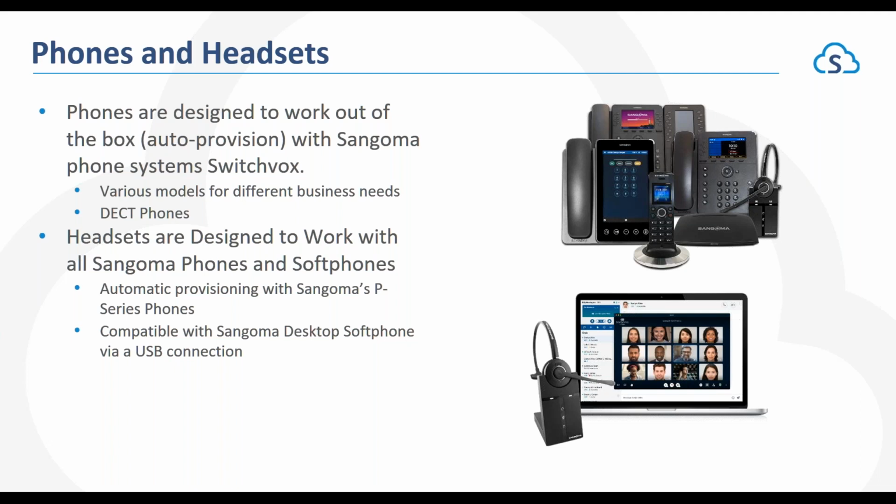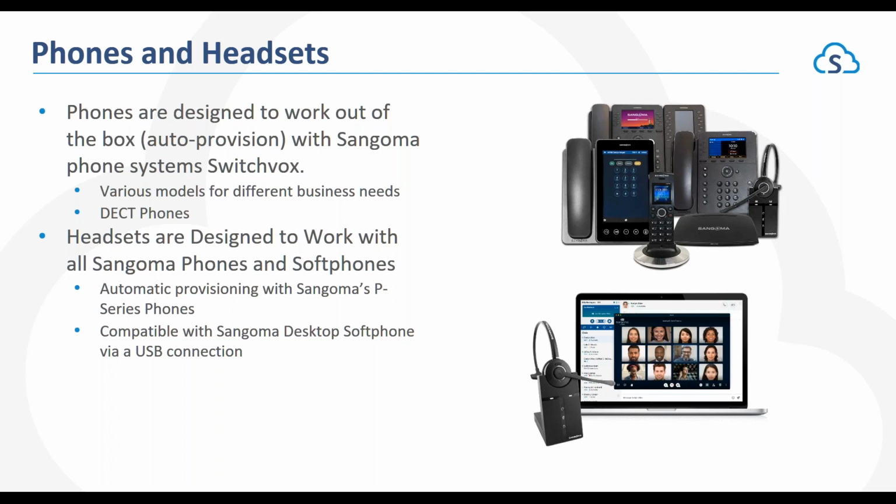Some of our phones support Wi-Fi and Bluetooth to connect to any kind of network in the office. The headsets are designed to work with all Sangoma phones and softphones.